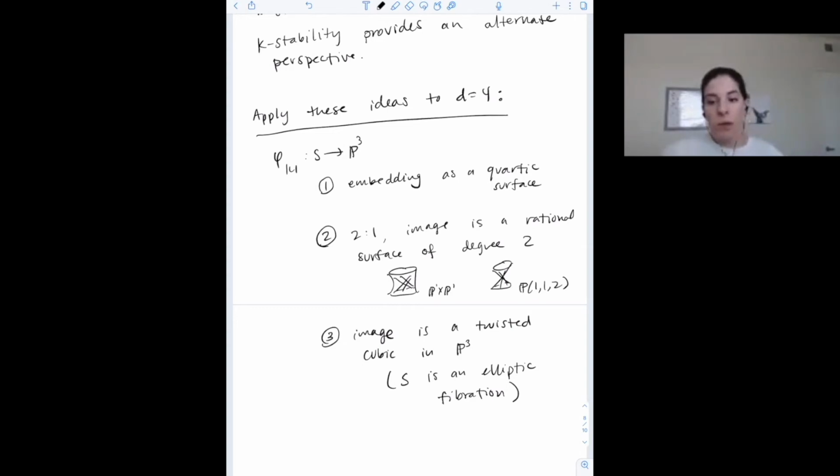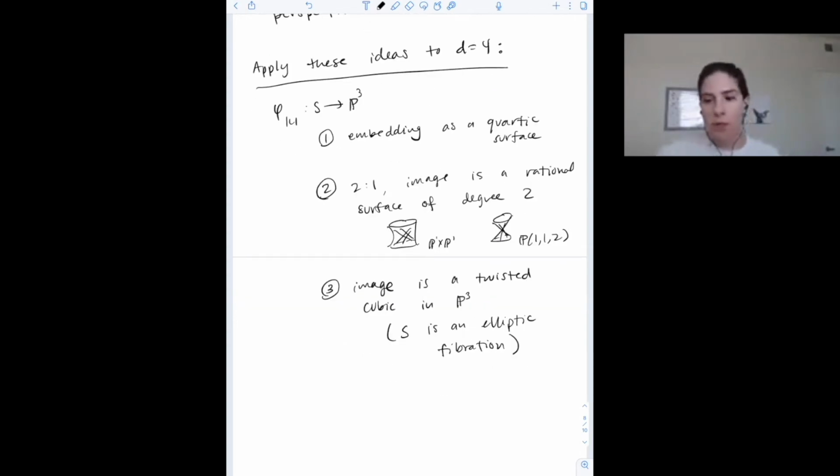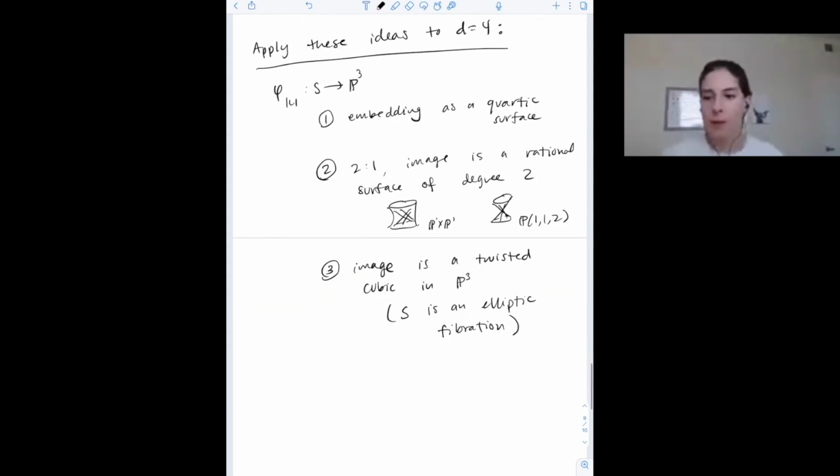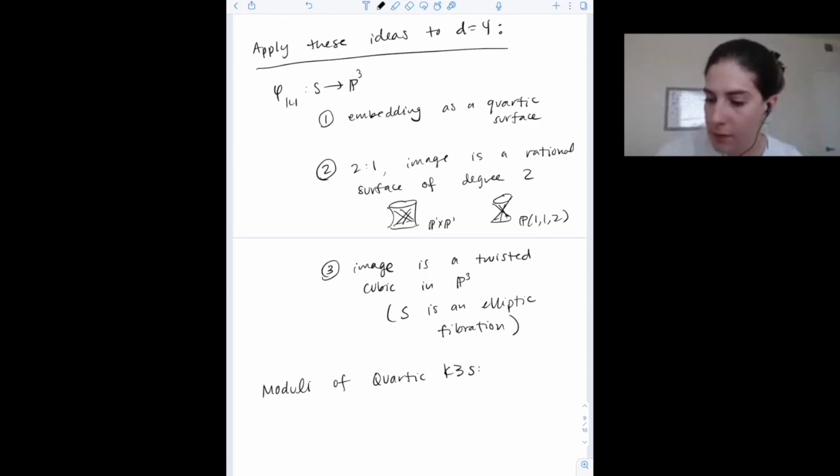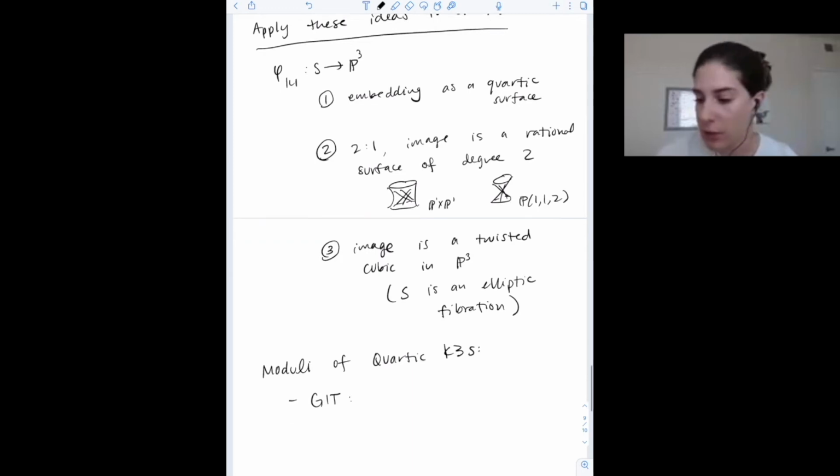So from this perspective, we have at least 2 natural moduli spaces we could come up with, or at least compact moduli spaces. And there's the GIT moduli space.